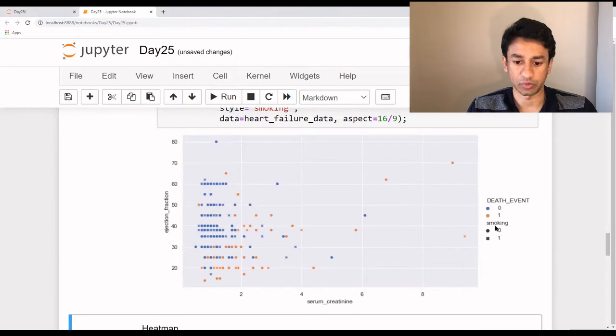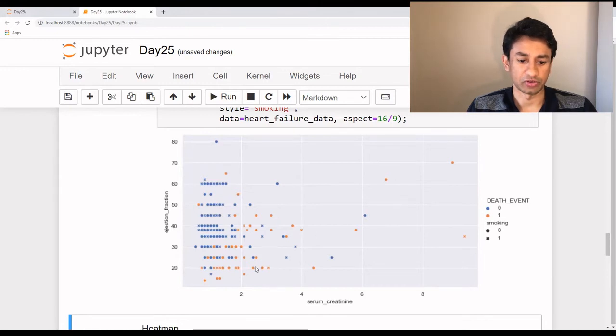As you see here, smokers are represented by X and non-smokers are represented by a dot, and the color code of course remains the same. We can see that the probability of people not surviving increases if they are a smoker. That's something that is coming out here.